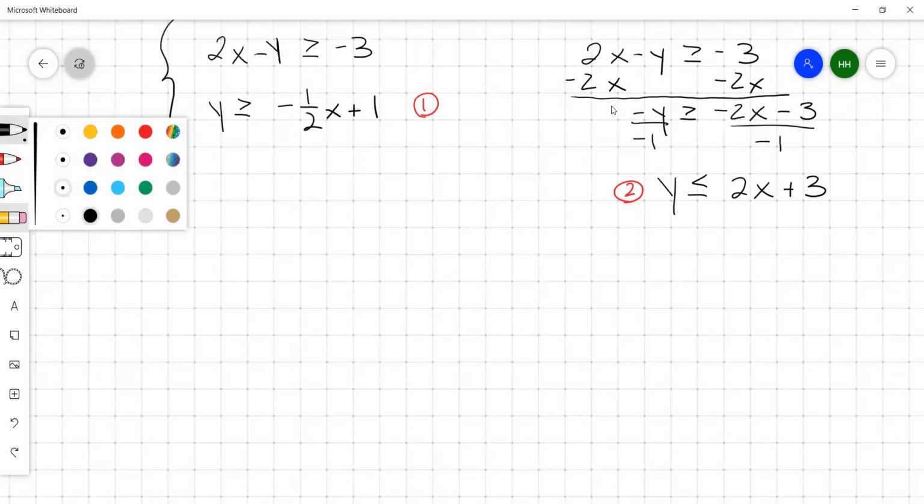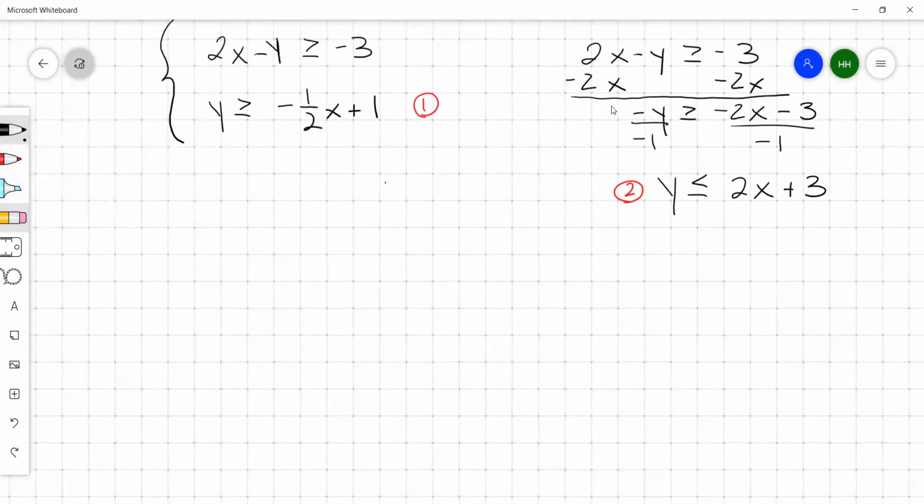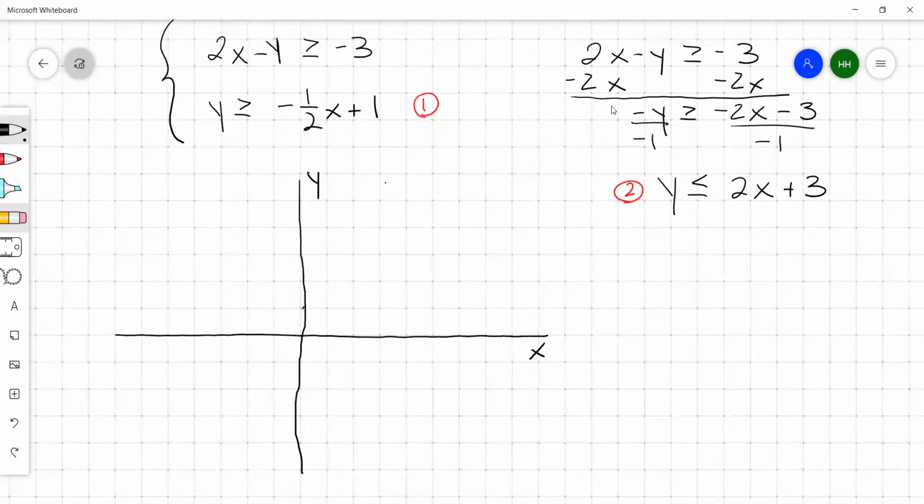So to graph these, this first equation, I got a y-intercept of 1. So my coordinate plane, here's my y-axis and my x-axis. I got a y-intercept of +1 and a slope of -1/2. So I'm going to rise 1 and I'm going to run 2 to the left. And then I'm going to rise 1 and I'm going to run 2 to the left.